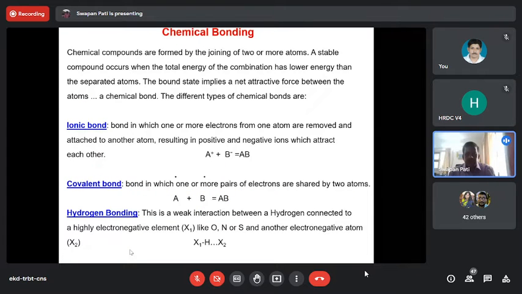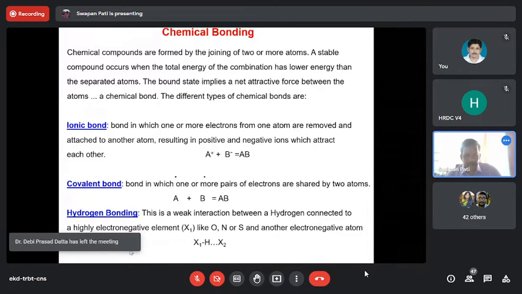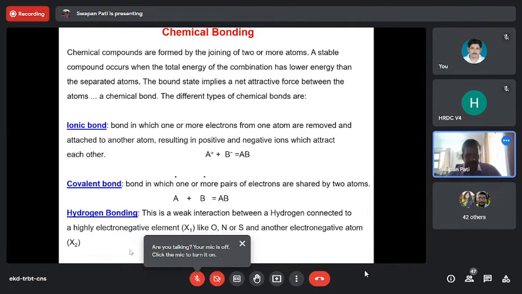So since we are dealing with chemical systems, bonding is very important. Chemical compounds are formed by the joining of two or more atoms. A stable compound occurs when the total energy of the combination is lower than that of the separated atoms. The bound state implies a net attractive force between the atoms. It's a chemical bond. In fact, there are various types of bonds. Ionic bond, in which one or more electrons from one atom are removed and attached to another atom, resulting in positive and negative ions which attract each other, A plus and B minus.